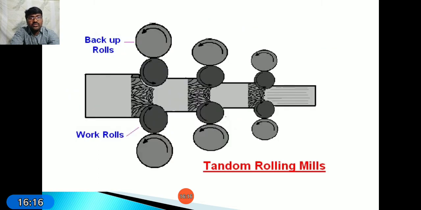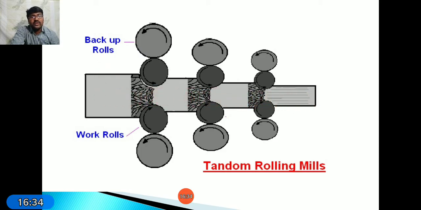Observe here, we place four high rolling mills in sequence, in a parallel way, so that the cross section of the material continuously decreases over the number of passes.